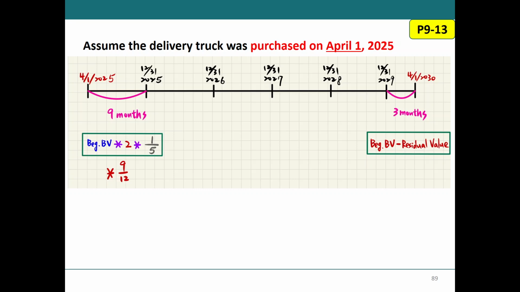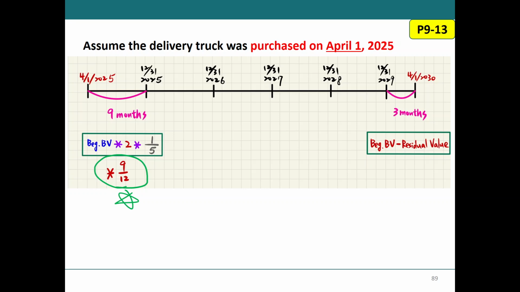Again, April 1st. So remember, you have to consider how many months you use it, right? So here, this case is 9 months. So be careful about the first year. It's only 9 months. How about the last year? Be careful for the declining balance method.